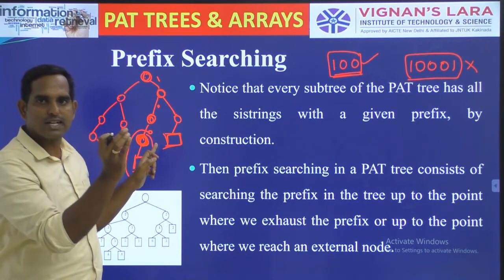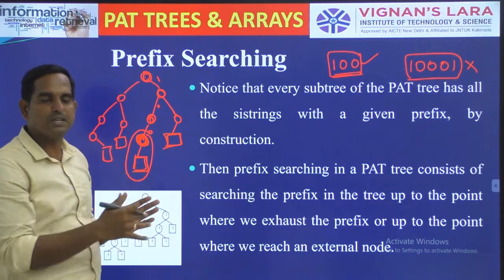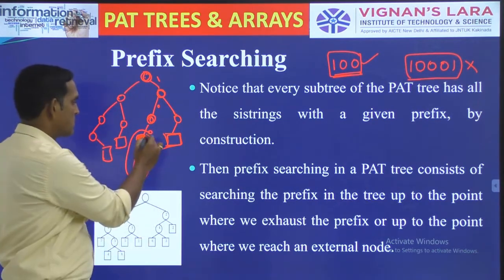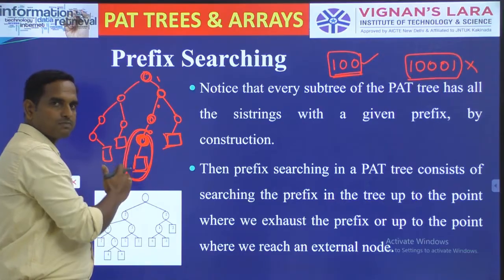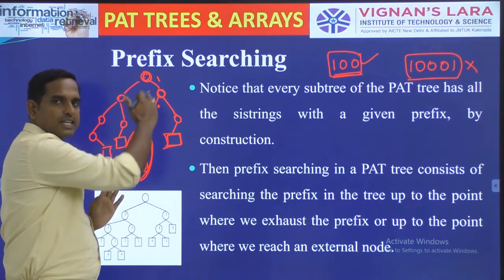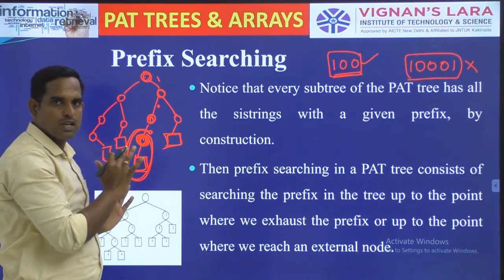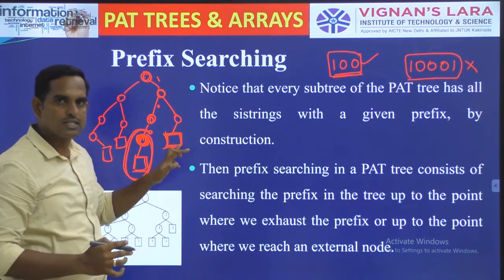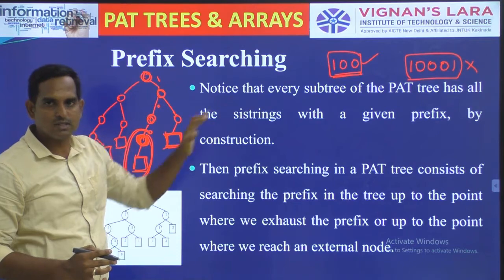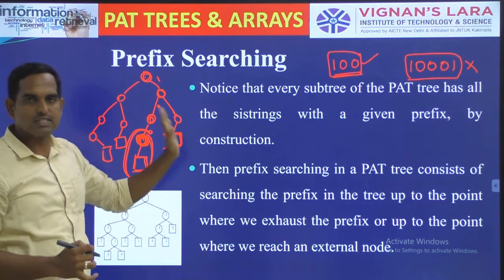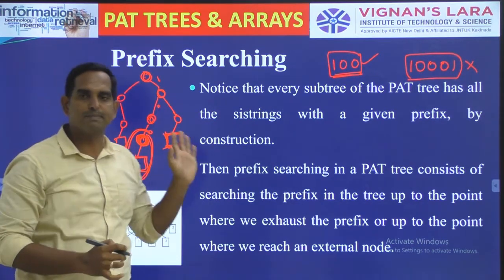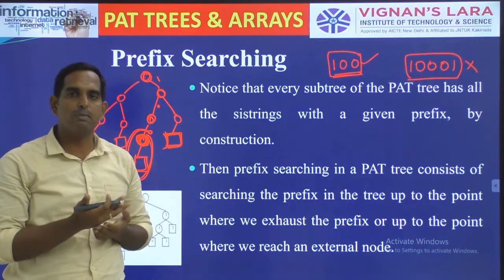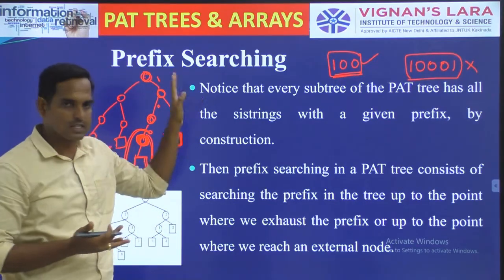When I exhaust it there, that whole subtree represents the prefix search, that is, all this subtree represents the strings which contain this particular prefix. And if I exhaust at the external node, I can say that only this string represents that particular prefix, or you don't have that prefix in this complete pattern. So this is how you will be performing prefix searching.